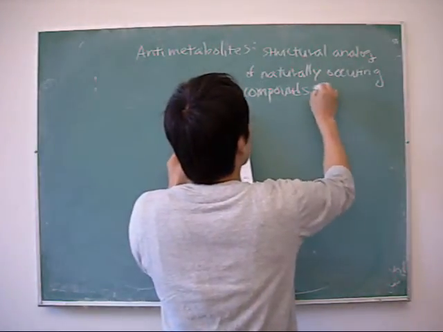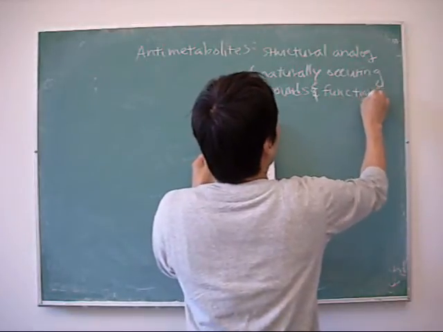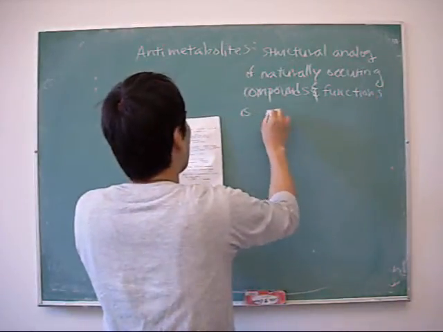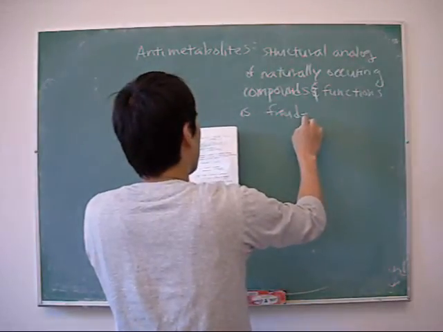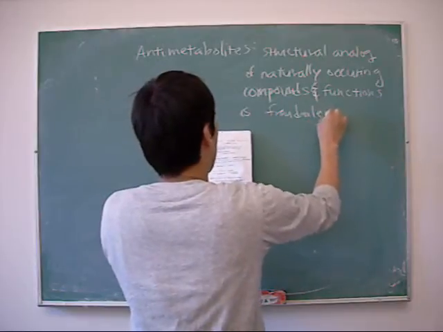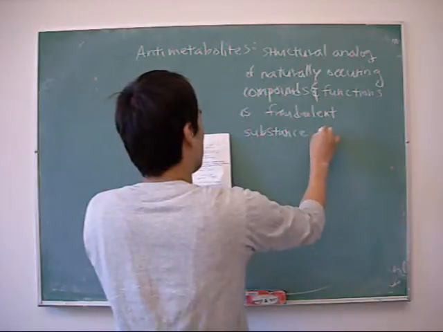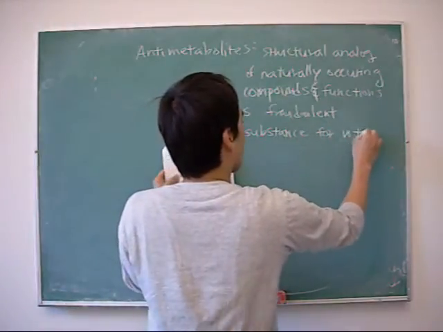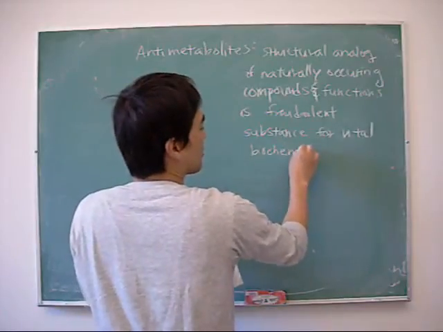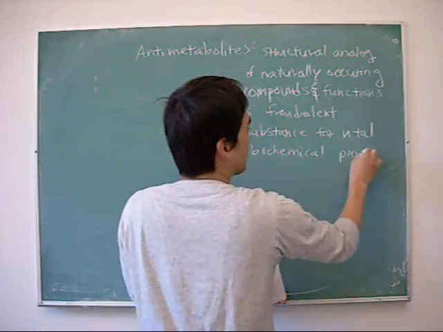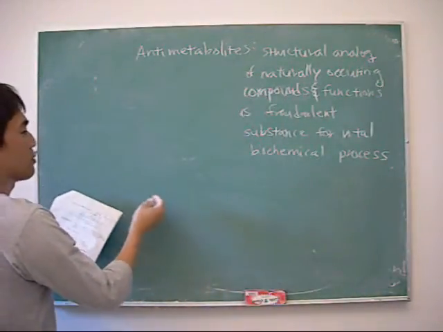and it functions as a fraudulent substance for a biochemical process or processes. So an example would be fluorouracil.